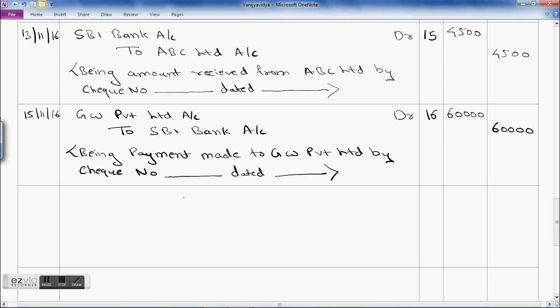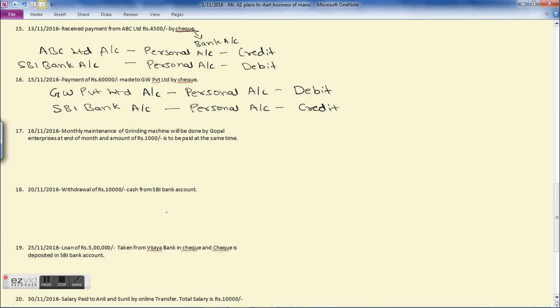What is the transaction number? 16. Now let's go to the next transaction.